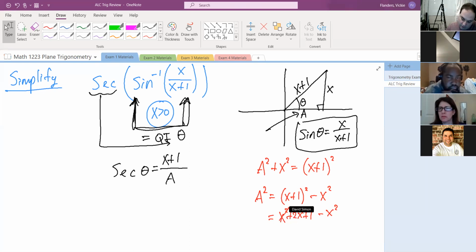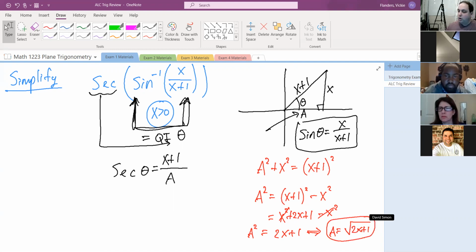Notice my x squareds cancel out, so I'm left with A squared equals 2x plus 1. What that tells me is that A is equal to the square root of 2x plus 1. Notice I chose the positive square root, because I know I'm in quadrant 1. That's important: earlier when I chose x to be greater than 0, that was an important choice. That's why the square root is coming out positive.